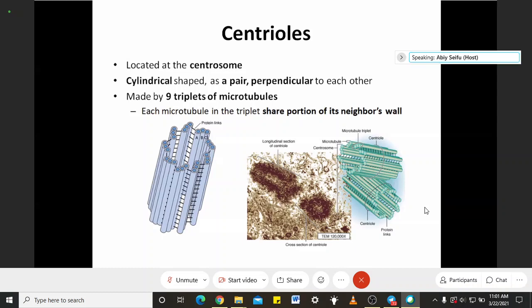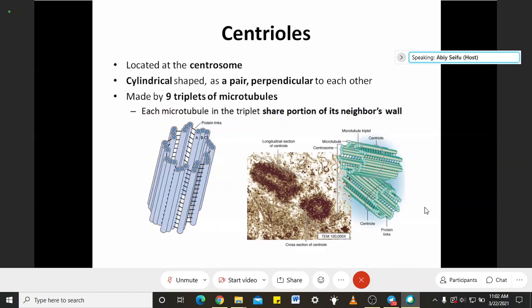In interphase cells, non-dividing cells, centrioles are found as a pair of short tubular structures perpendicular to each other, like this diagram on the right side, color coded in green. Look, there is one centriole oriented perpendicular to the other. So they are found as a pair, and each one is perpendicular to the other.